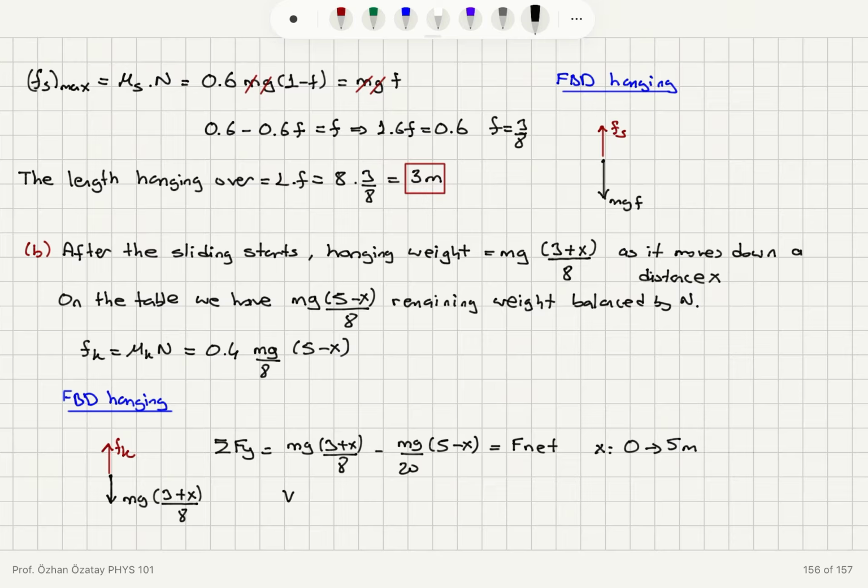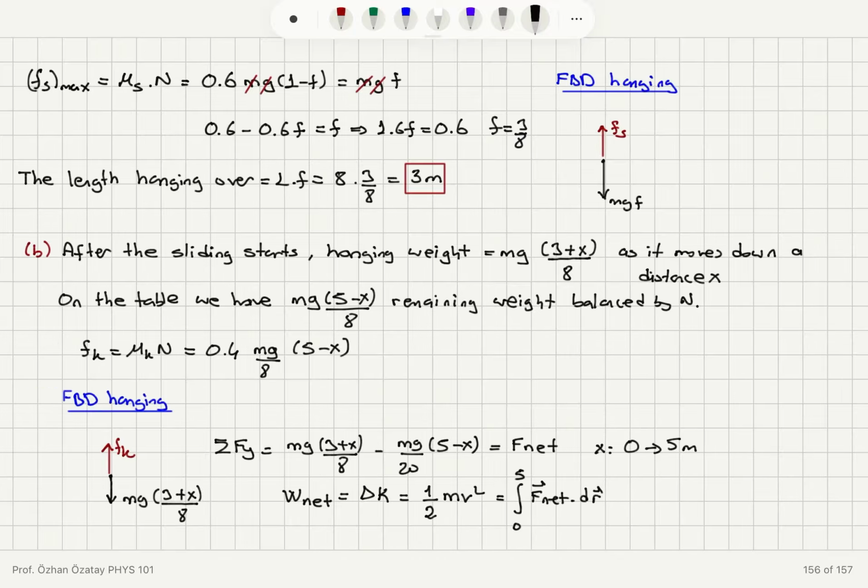The whole thing will be sliding over the edge. So the work done by the net force is the change in the kinetic energy of the system, the work-kinetic energy theorem. The final velocity will be v, let's call it, so we will have 1/2 mv squared as our final kinetic energy of the chain, and this will be equal to the work done by the net force from 0 to 5, the integral of the net force dot displacement.